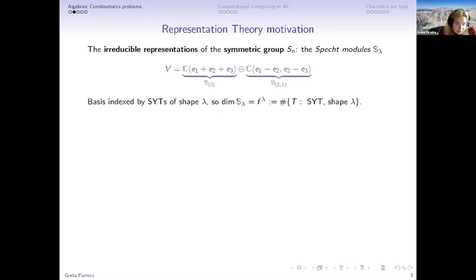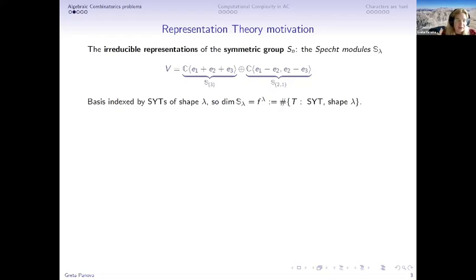It turns out that a basis for the Specht modules can be indexed exactly by the standard Young tableaux. So create the Young symmetrizer. If you read Bruce Sagan's book, it's very nicely explained. So the dimension is f^lambda, which is the number of standard Young tableaux, and has this beautiful formula that I just showed.